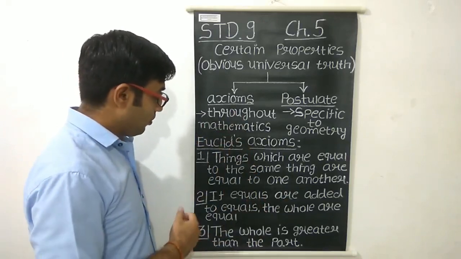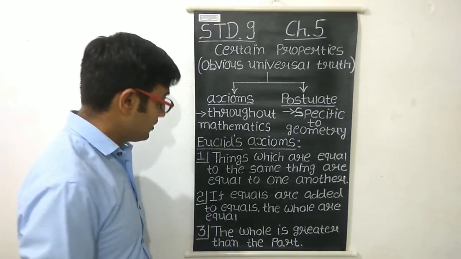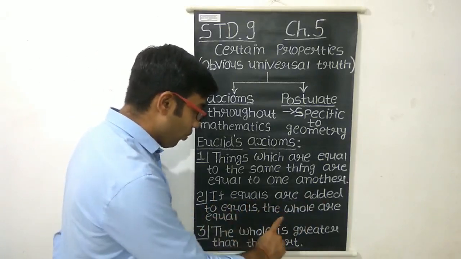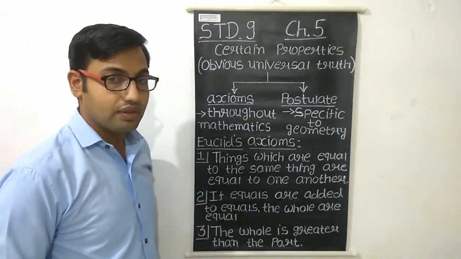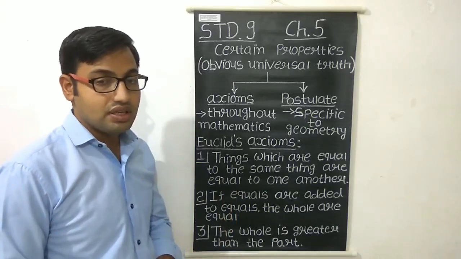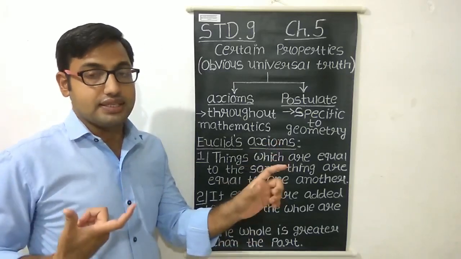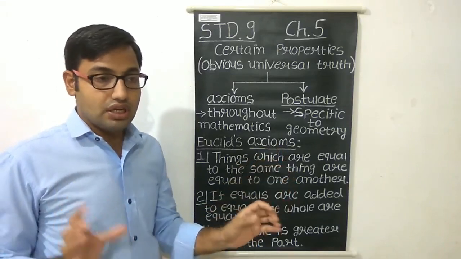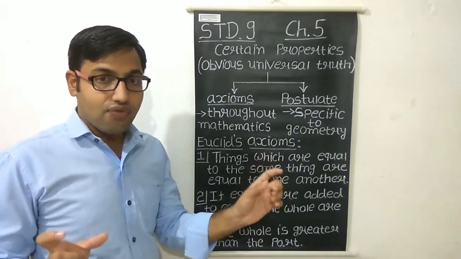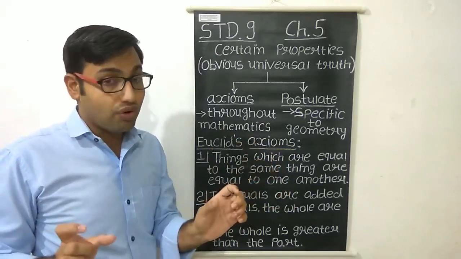Okay. The second axiom is: if equals are added to equals, the wholes are equal. Equals are added to equals. That means suppose we have two equal things. Let's take two numbers, 20 and 20. If we add 5 to both sides, then what will happen?